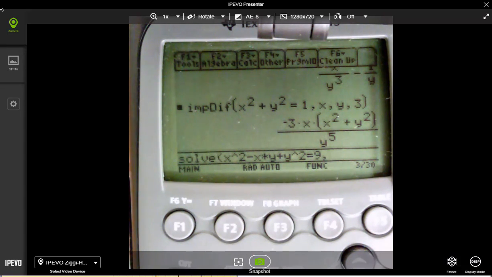We want to solve it for y, because we knew what x was. So y, close the parentheses, such that x equals 2y.